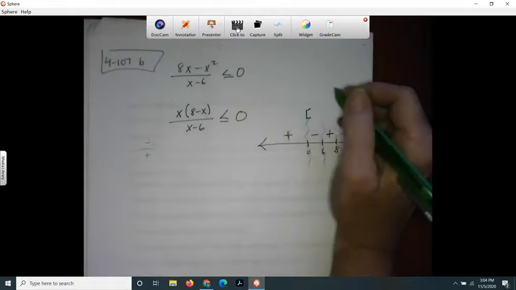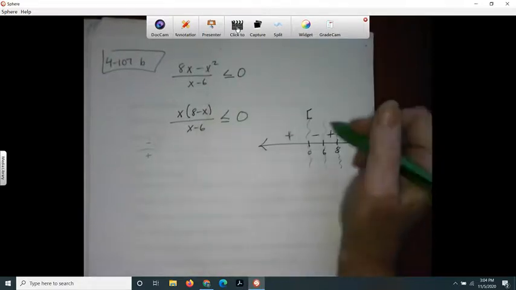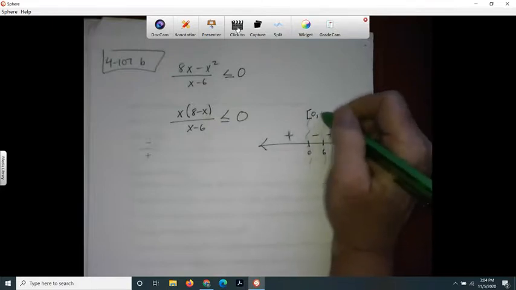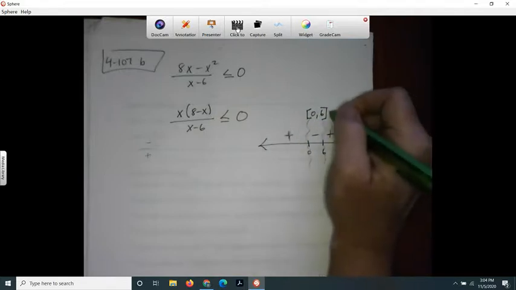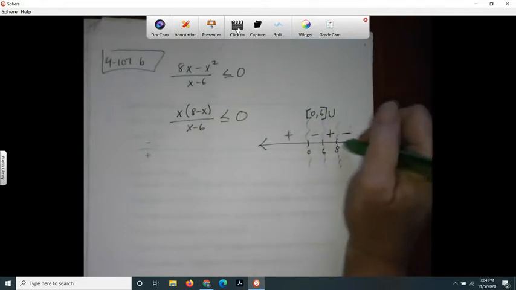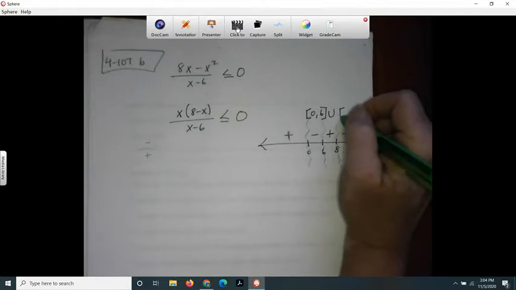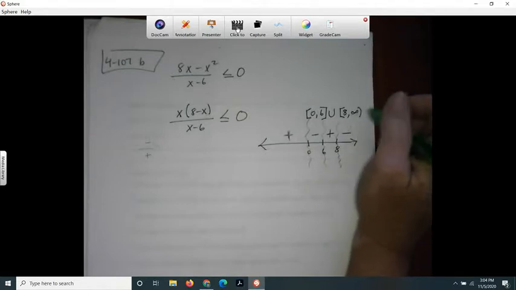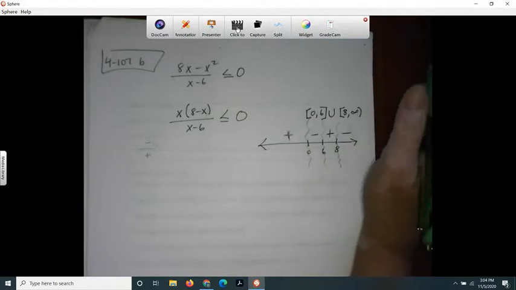Okay, so right in between these two. See, that's why I kind of like these things. And then I can union that with, over here, 8. But then for infinity, we use a parenthesis because we don't include the end of infinity since it doesn't have one. So I think this is right.